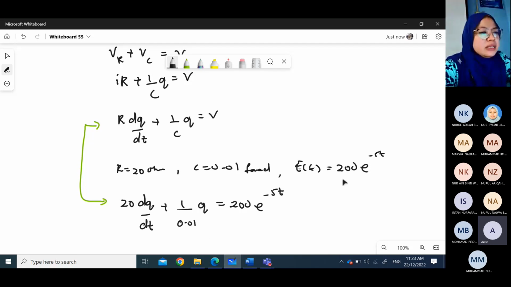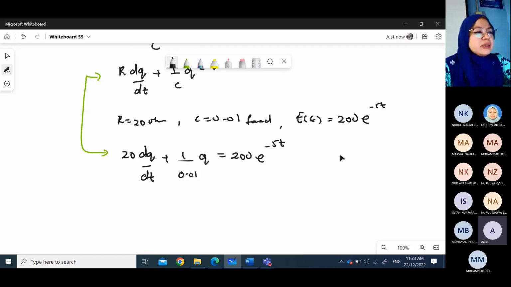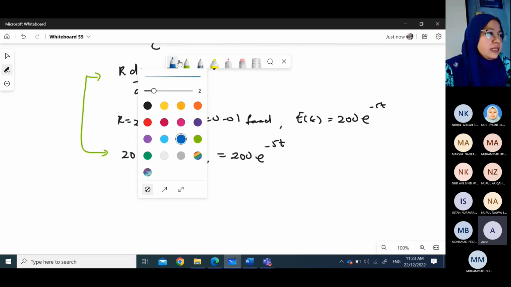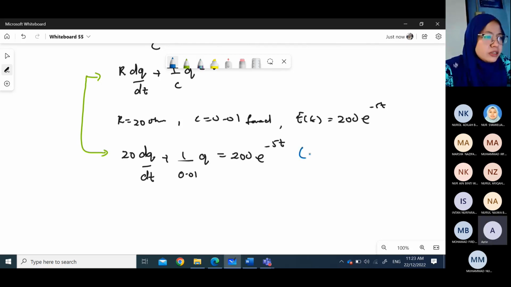Okay, so based on this equation, we identified that this one is a linear differential equation. So ini adalah linear differential equation.